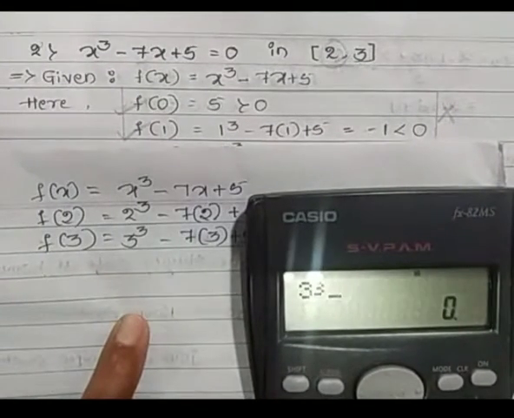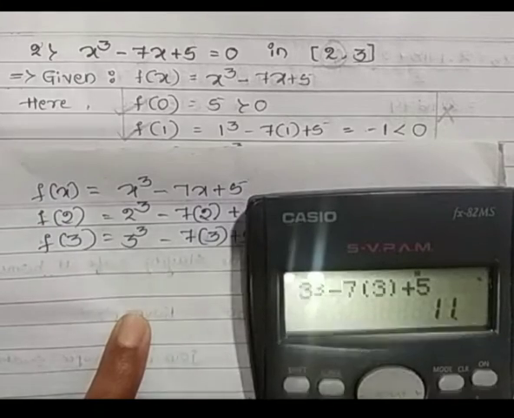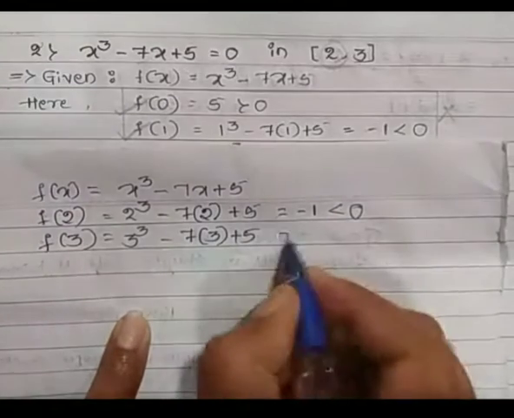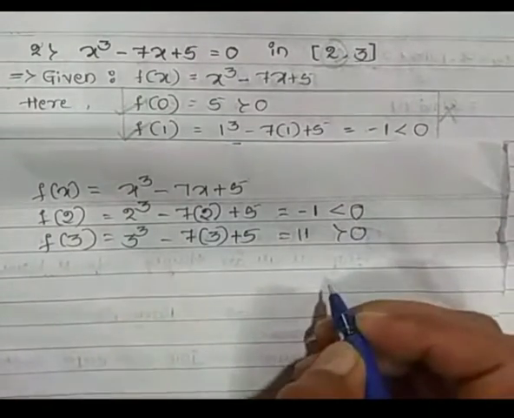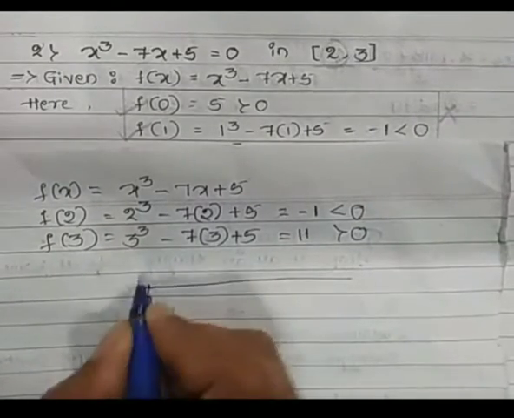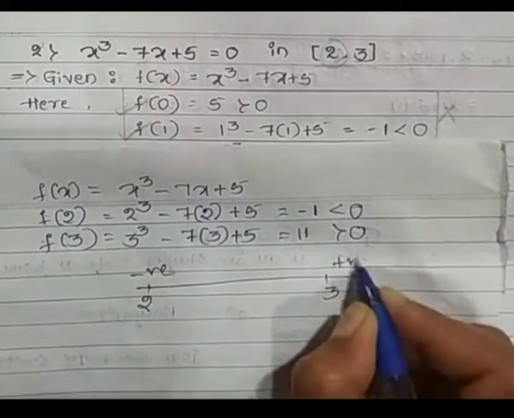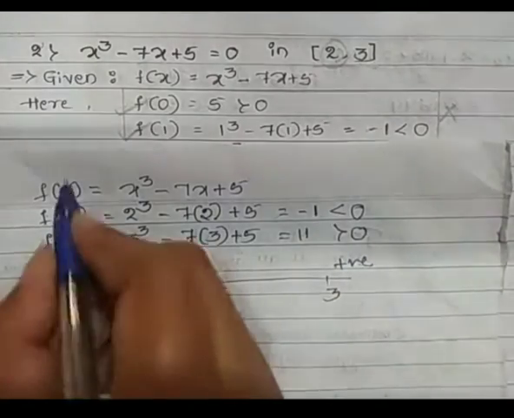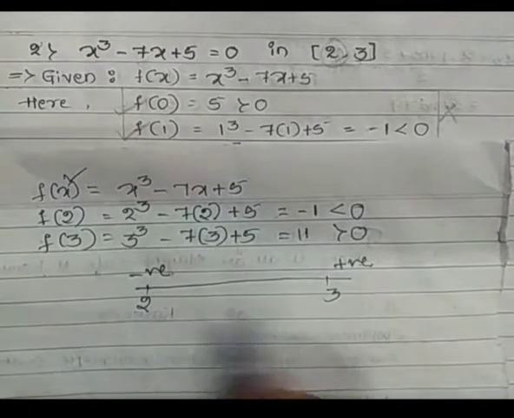What will we get? 11, which is a positive value, therefore greater than 0. So you can observe for 2 we are getting negative value, for 3 we are getting positive value. It means for this particular example our root lies between 2 and 3.